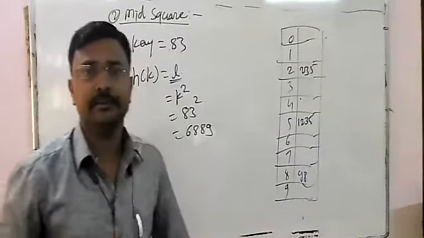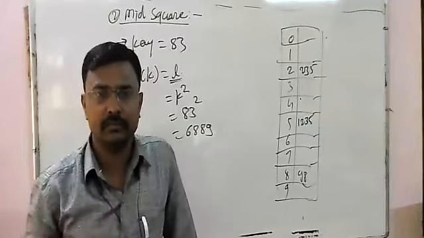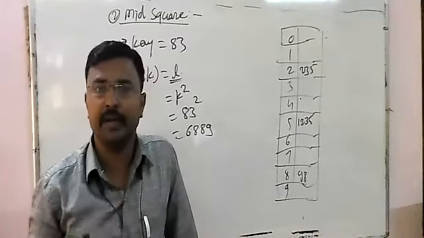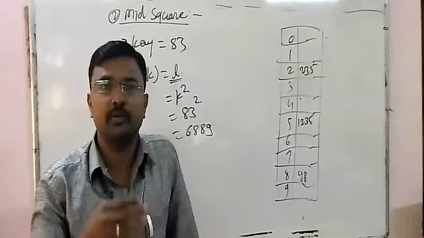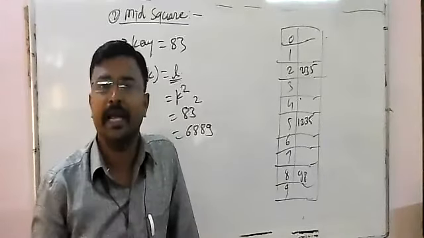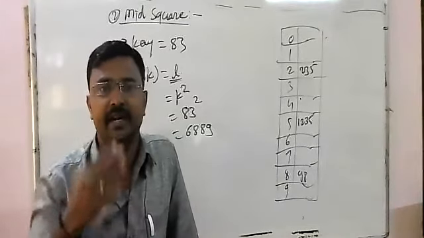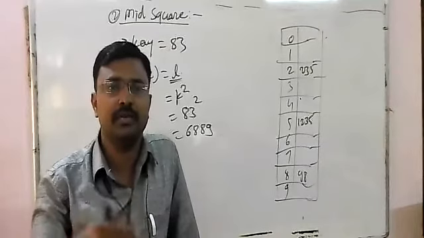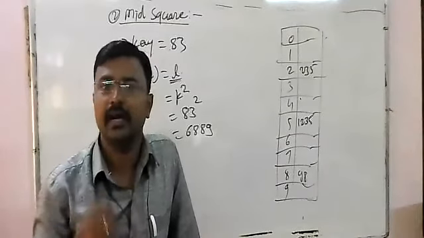This is the square of your key value, and it is going to be stored in a hash table with the capacity of 100.